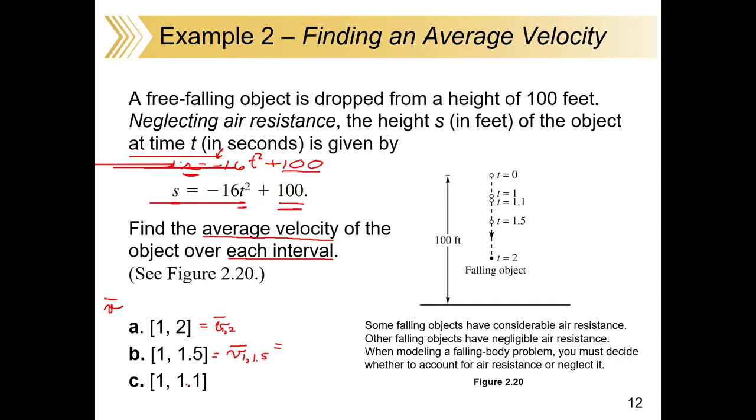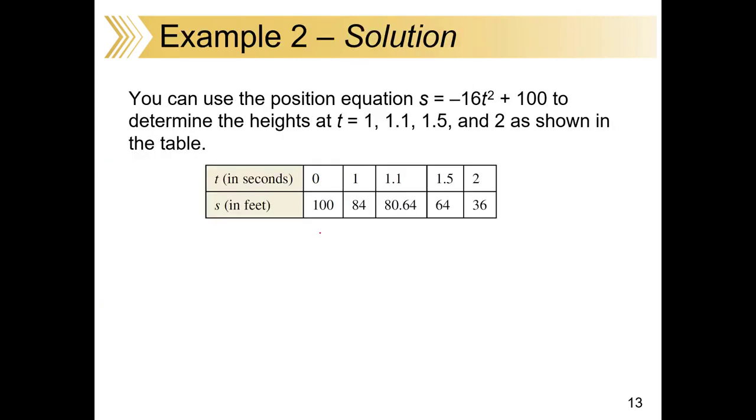But what distance has the ball actually traveled, or whatever it is we're dropping? Well, we have a formula up here, and this can tell us where the ball is at any particular time. So here we go. Someone's done a little bit of that work for us. Here's our formula up on top.